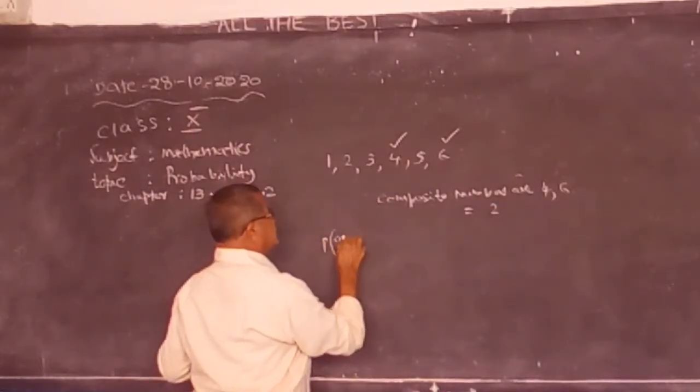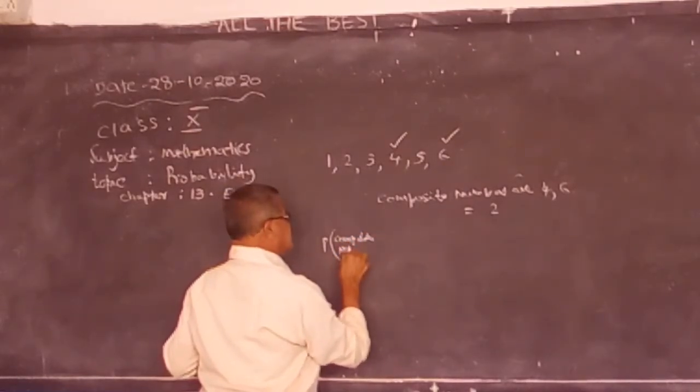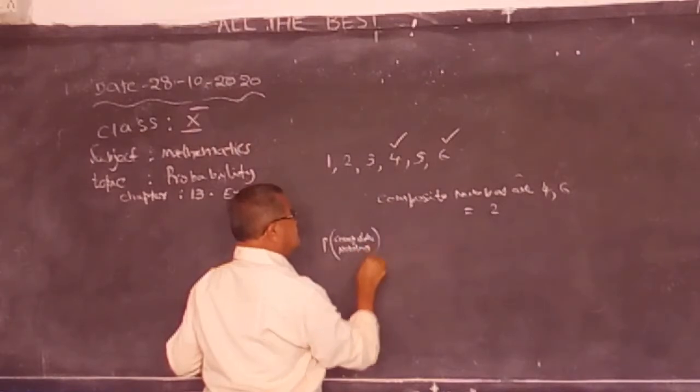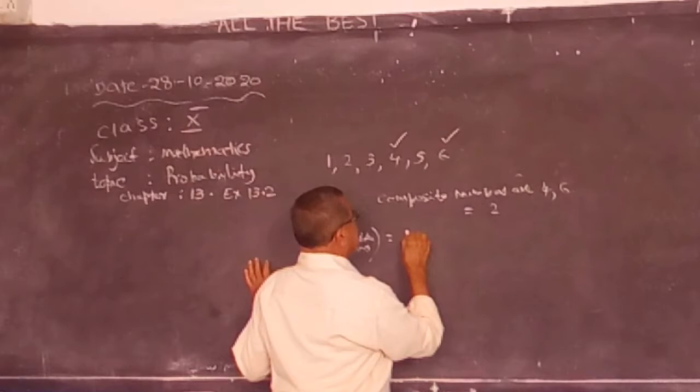Probability of composite numbers is equal to the formula. What is the formula?